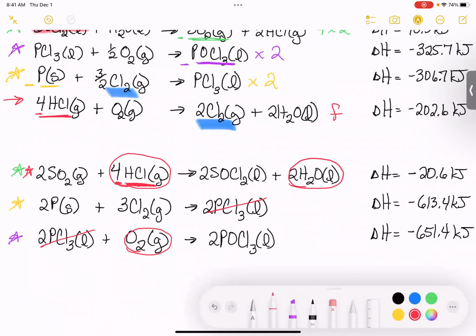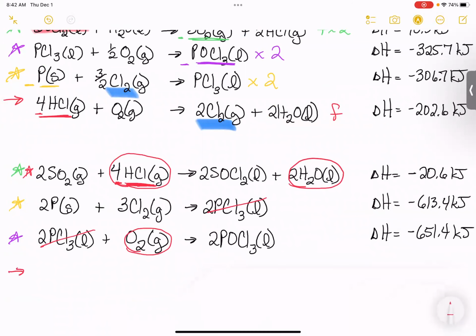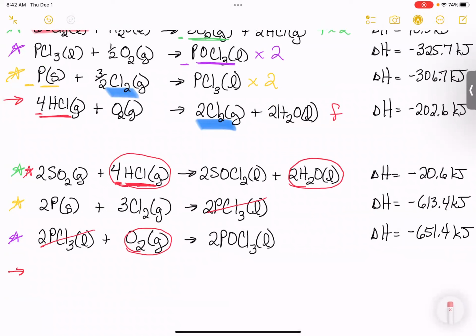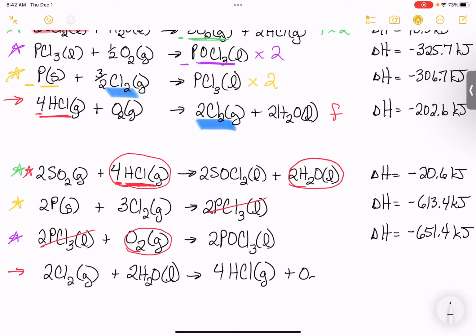So that equation comes out to be 2 Cl2 gas plus 2 H2O liquid goes to form 4 HCl gas plus O2 gas. And because I flipped it, I change the sign to a positive 202.6.